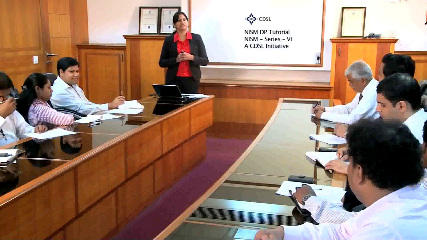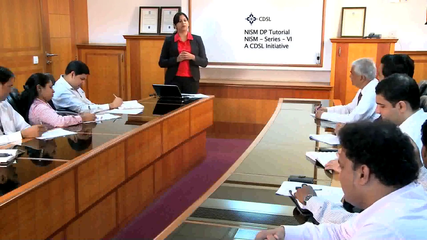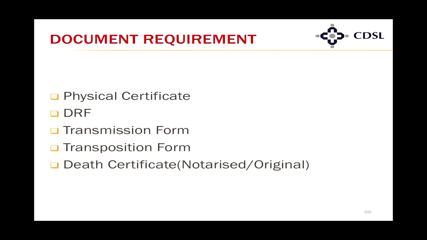And then death certificate, notarized death certificate, and DRF, demat request form. Exactly, demat request form, DRF is required, and physical share certificate. Exactly, that is the most important one. And transposition form. Perfect. So, these are the 5 things that are required, right.